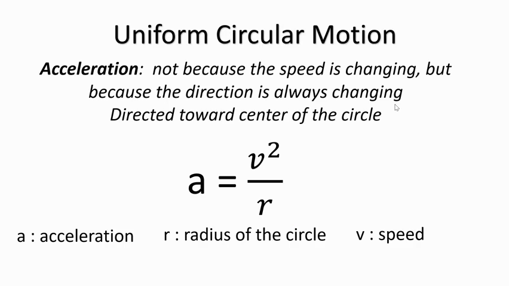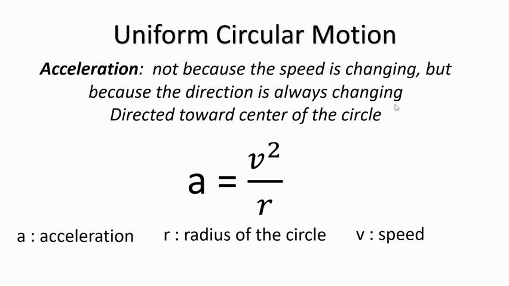That's a little bit different than what we're used to in straight line motion. But nevertheless, there is an acceleration, and it can be quite strong in circular motion, even if the thing's not speeding up or slowing down. In uniform circular motion, the acceleration is equal to the velocity squared divided by the radius of the circle. Okay, so that would be your equation for acceleration.